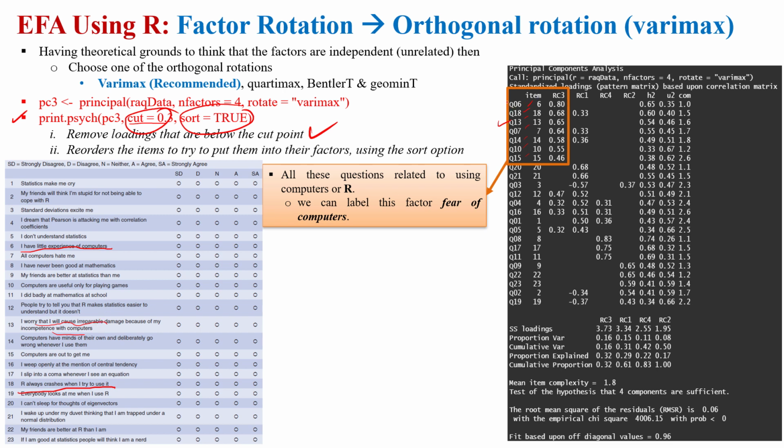If you see all these questions, they indicate the fear of using R as well as using the computer. So these questions can be labeled as the factor of fear of computers, or fear of computers and R.